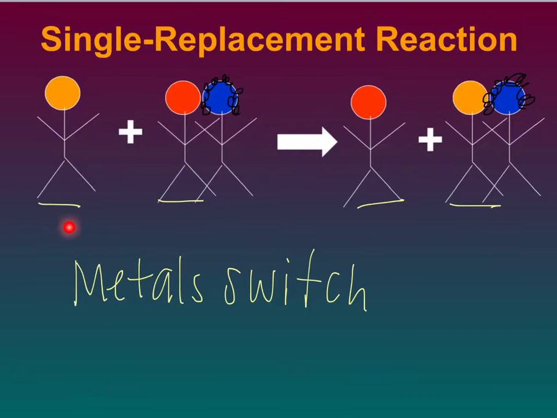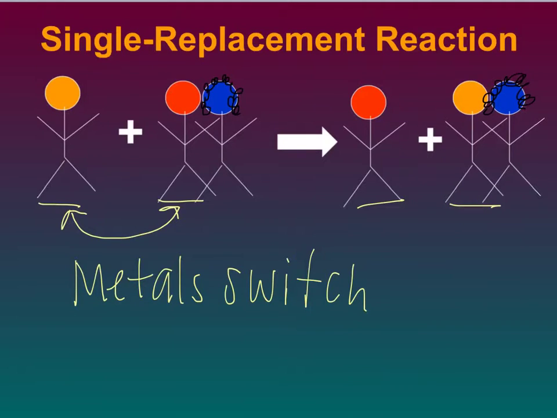Here's boy 1, here's boy 2. Notice what happens. They switch. So I have a single boy and a boy in a couple. Over here, I have a different single boy, and my original single boy is now in a couple.